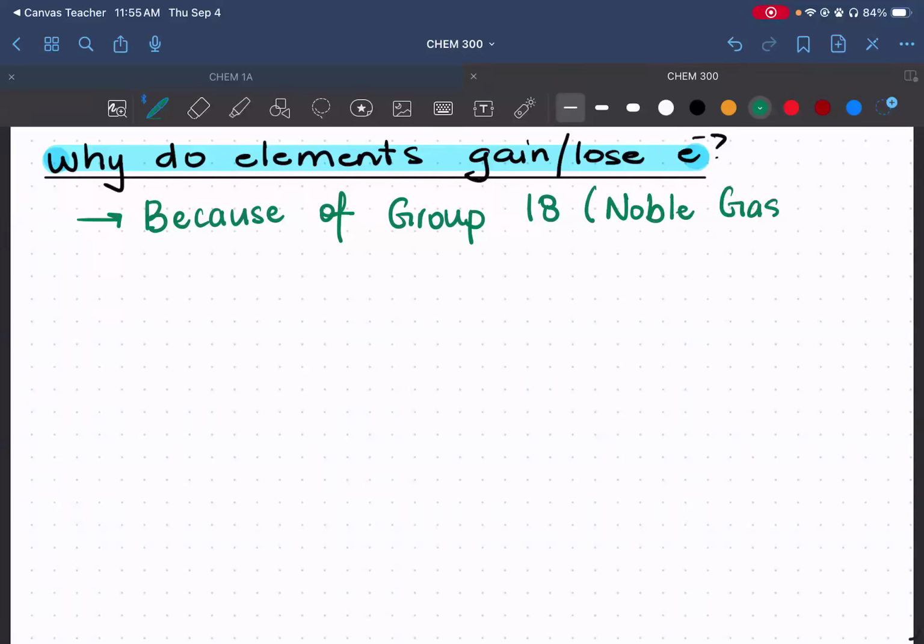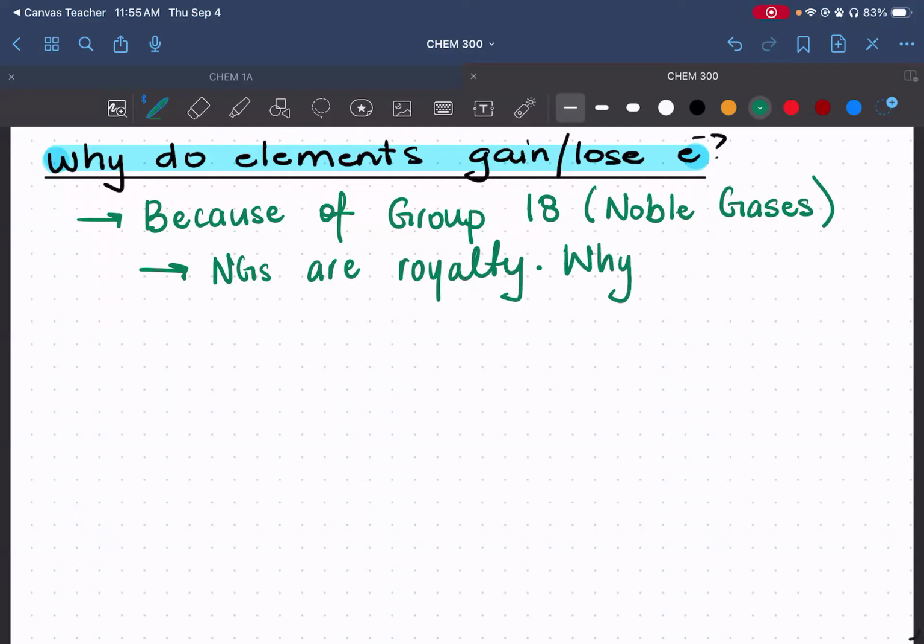Noble gases are special, not just because they're called noble, but because in a lot of ways, they can be considered royalty. Why? They're known to be extremely stable.